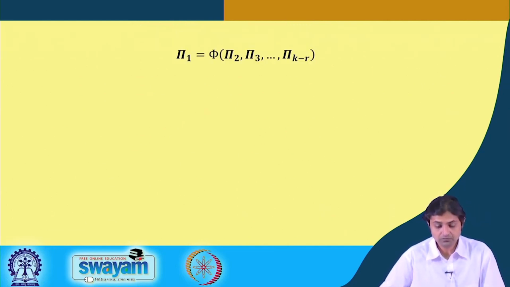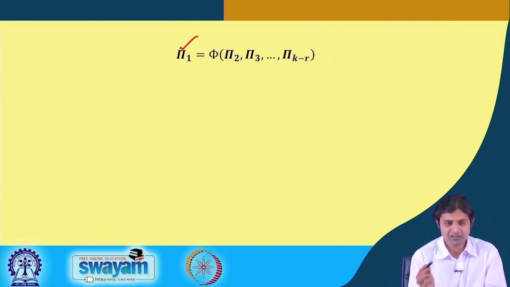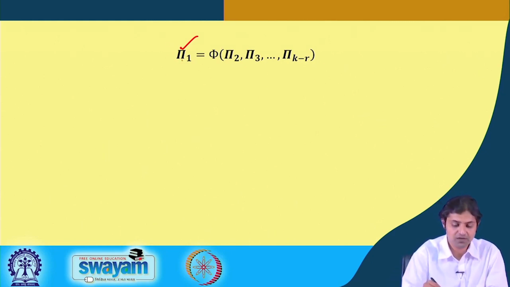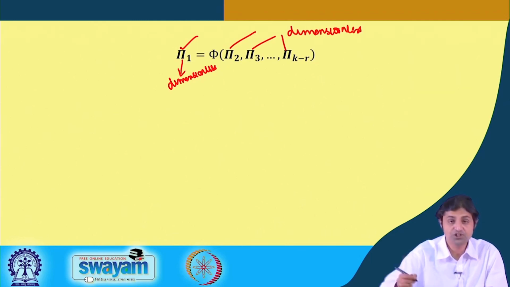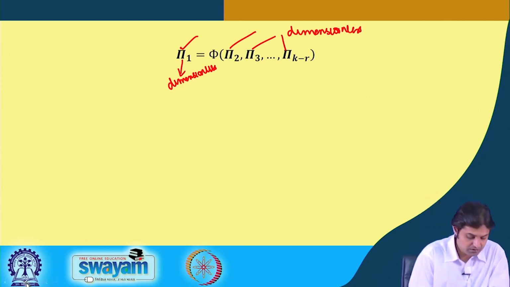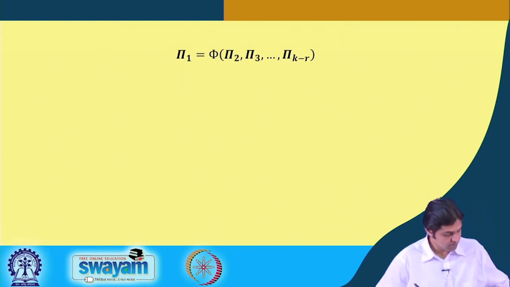So, pi 1, this is the first pi term, so the final equation is going to be pi 1 is a function of pi 2 comma pi 3 comma and so on, because this is also dimensionless, right. Same here, all these things are dimensionless. So, dimensional homogeneity is going to be maintained, all right.